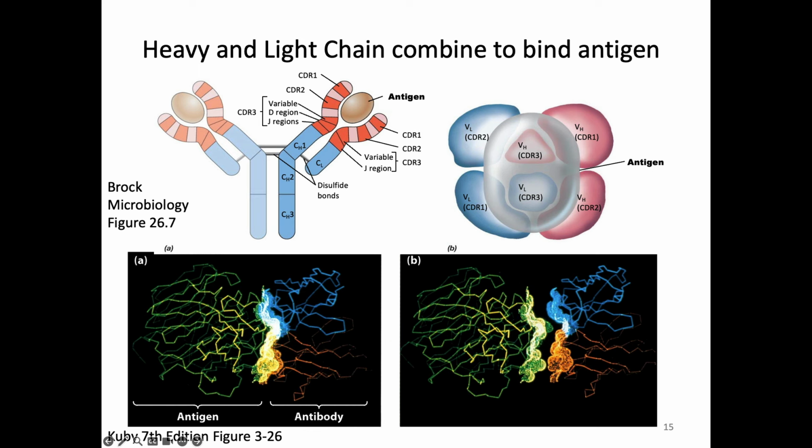And so you can see loop 1, loop 2, loop 3, loop 1, loop 2, loop 3 of the heavy chain and the light chain here. Sometimes we even refer to those loops as CDRs, or complementarity determining regions, because they are the things that tell you which antigen the antibody is complementary to.